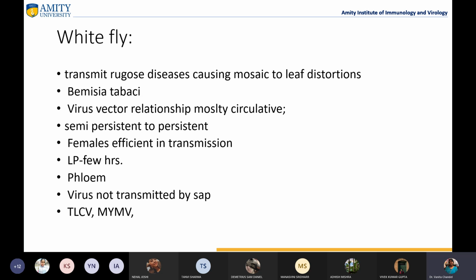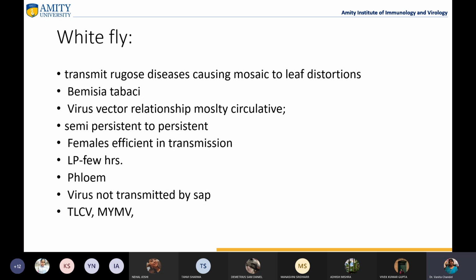I don't know if you have happened to be in any field, but if you see the underside of leaves in plants growing in a glasshouse, or even in field conditions, you will find small white-colored flies sitting in large numbers, feeding on the plants. They are numerous, so they act as a very important vector for transmitting any virus.